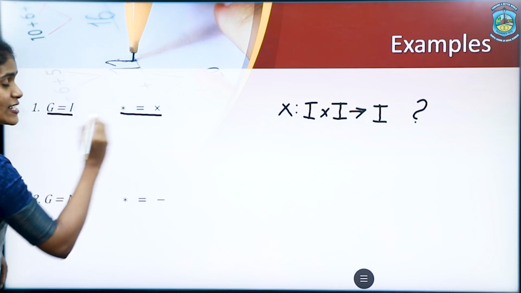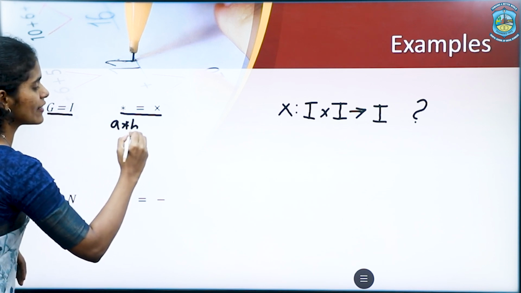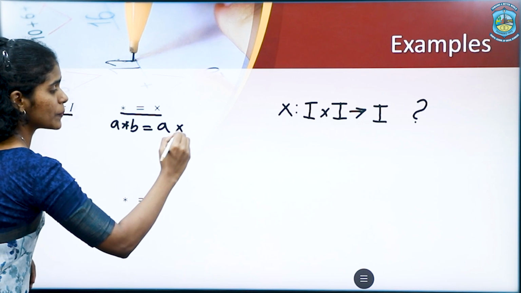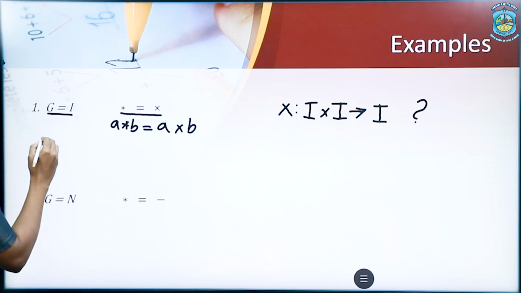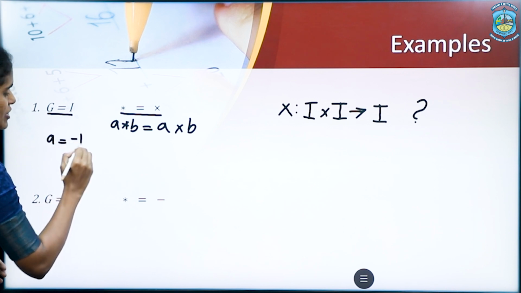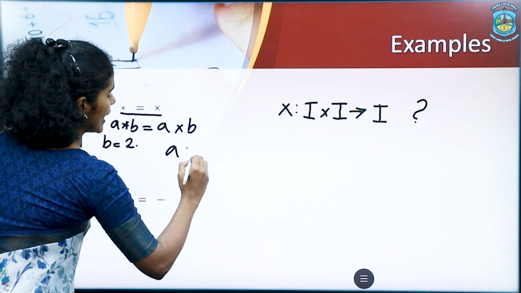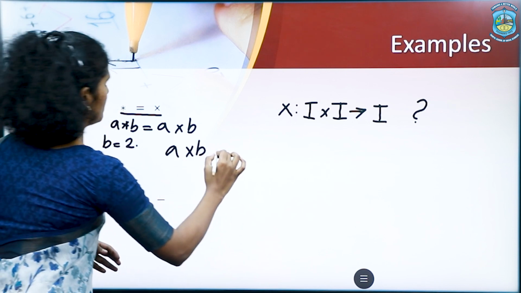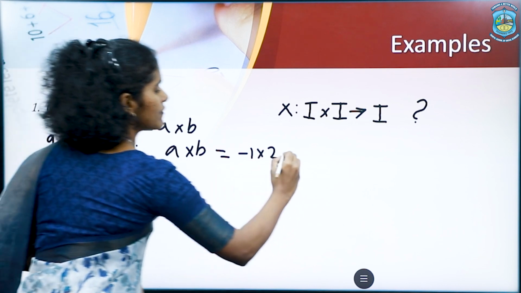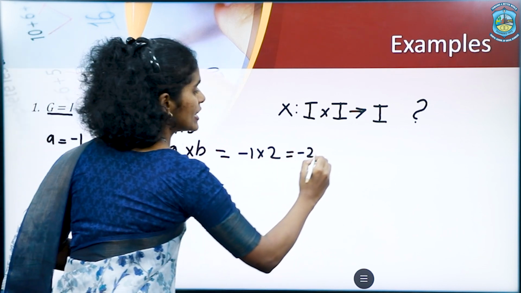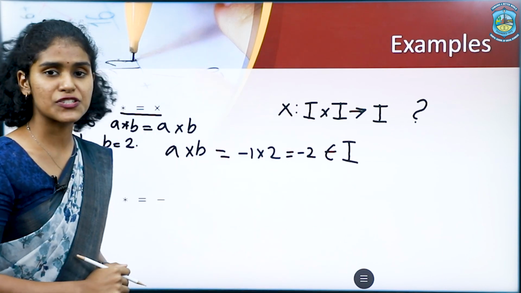Since the operation is multiplication, a star b will be equal to a into b. Let us consider any two integers. Let a equal to minus 1 and b equal to 2. So, a into b will be equal to minus 1 into 2, which is equal to minus 2, which is again an integer. So, this condition is satisfied.